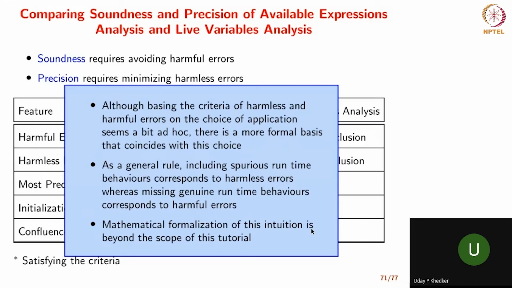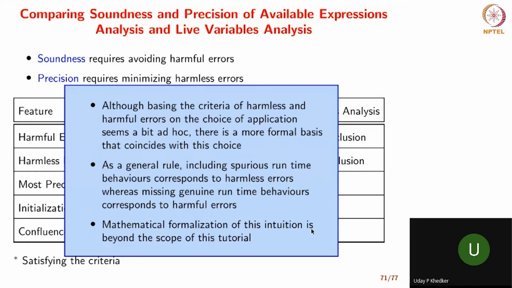So here, although we are basing it on an application, there is a more general and more fundamental reason for it. There's a more formal basis that coincides with this choice. And what is that formal basis?